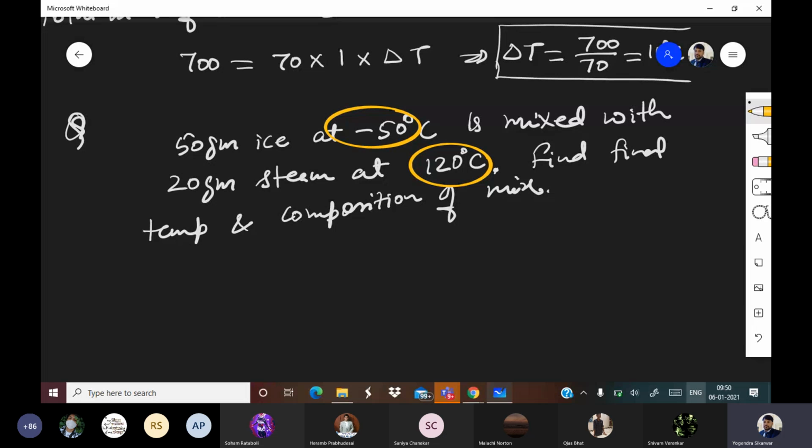Above 100 degrees, water cannot exist. If you want to increase the temperature above 100, then steam must be present rather than water. You also made the same mistake, yes. You had 70 gram of water at 133.